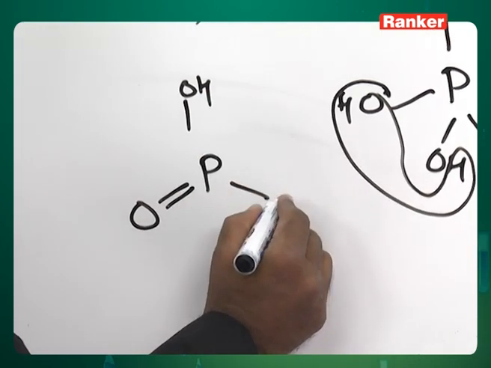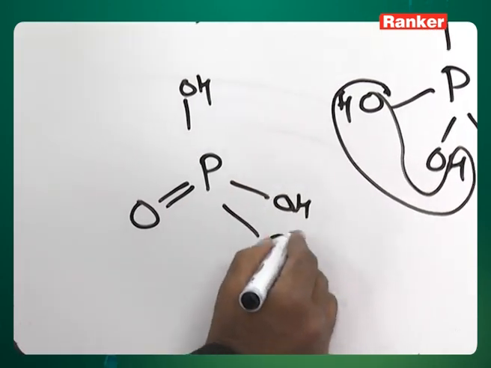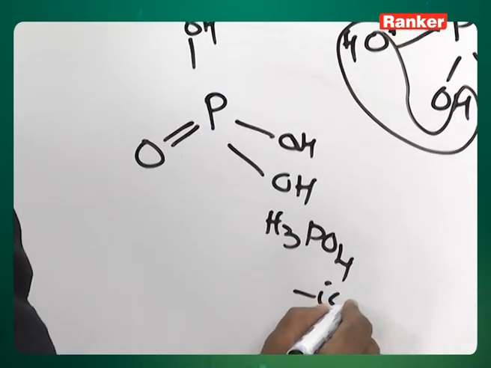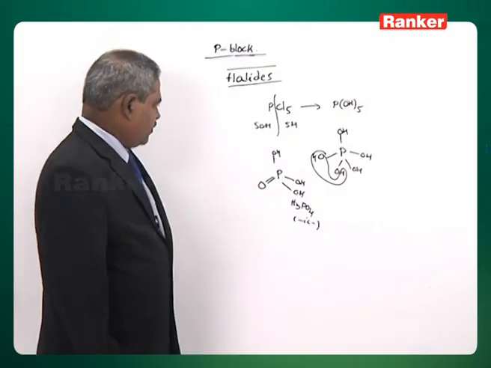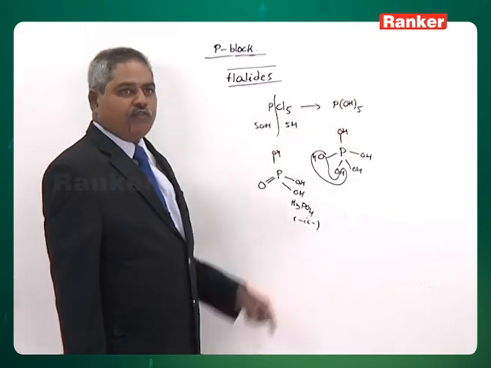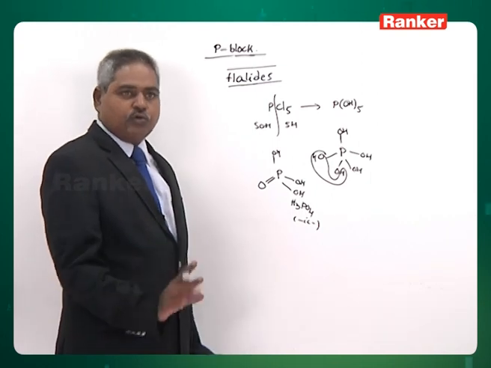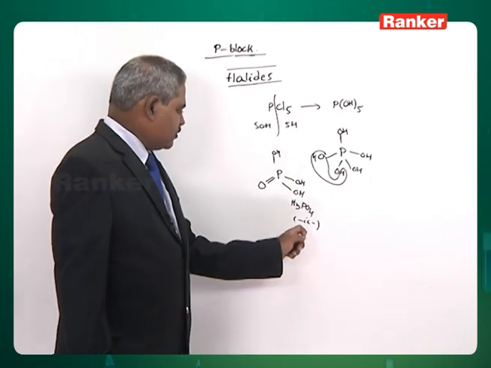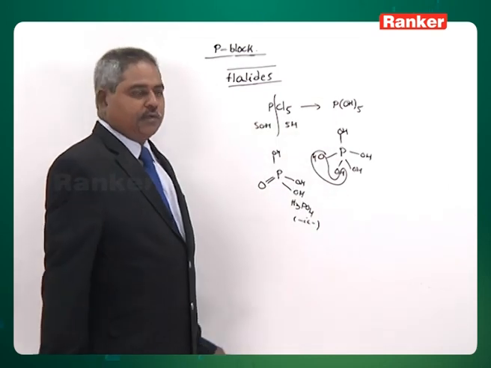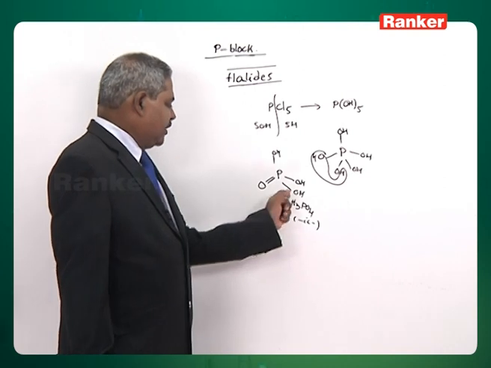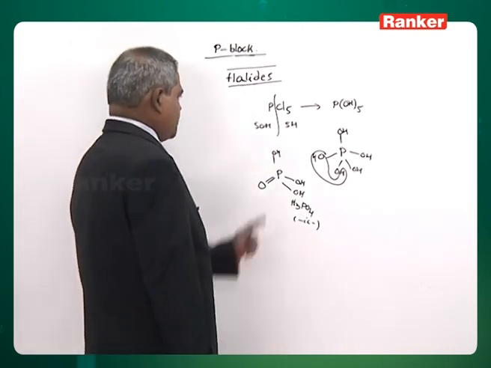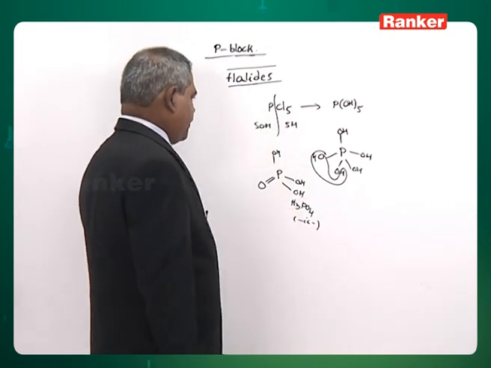PO(OH) thrice, which is nothing but H3PO4, phosphoric acid. So no harm in writing H5PO5. That is also okay; you can say it is hydrated phosphoric acid, H3PO4 dot H2O. But since we are familiar with H3PO4, we write this. Now PCl5 on hydrolysis gives H3PO4.